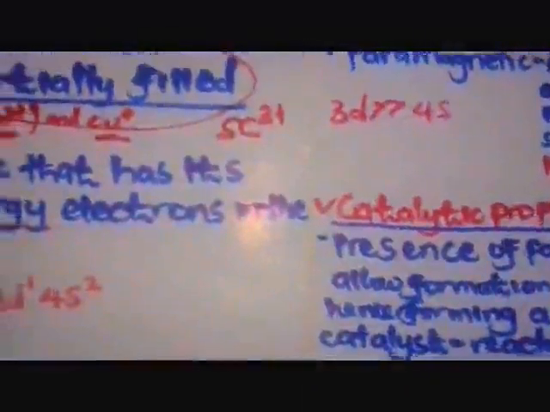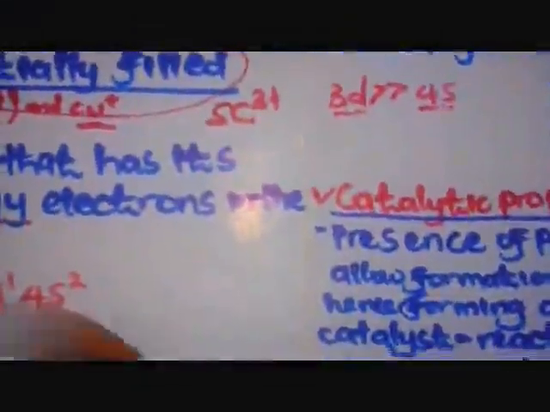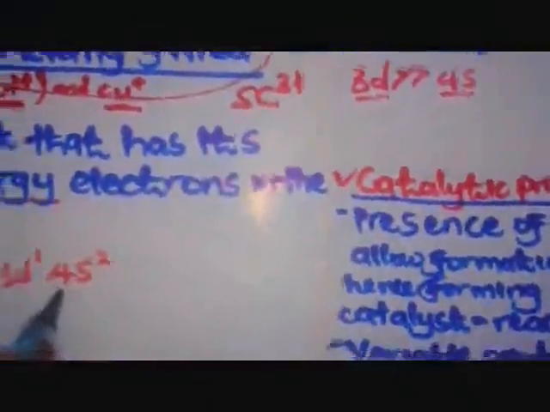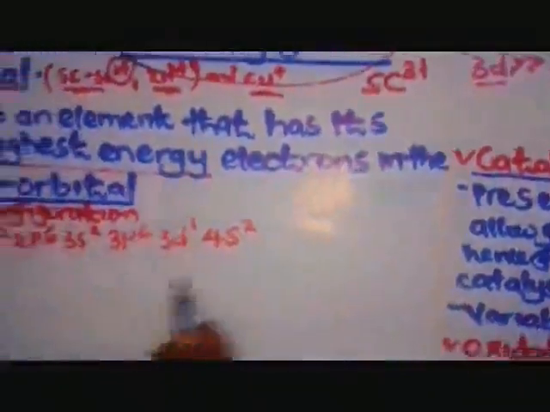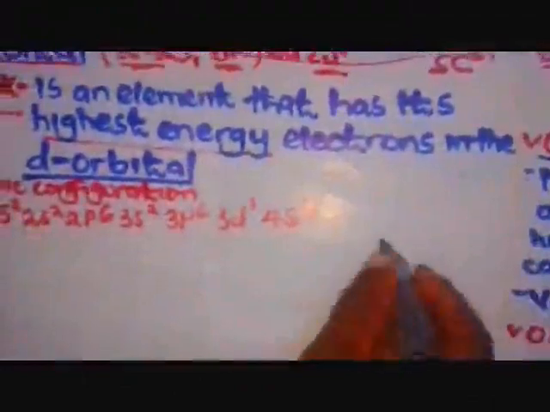Why am I saying that? The 3d has a bigger energy than the 4s. When you calculate, the energy of 3d is bigger than the energy of 4s. But when it comes to giving away electrons, those of 4s can easily be given out than those of 3d. So we put the 4s last.